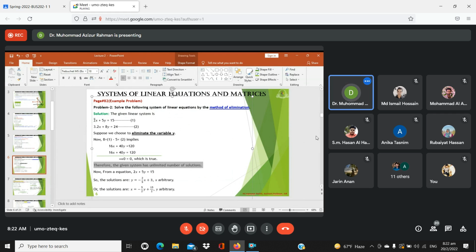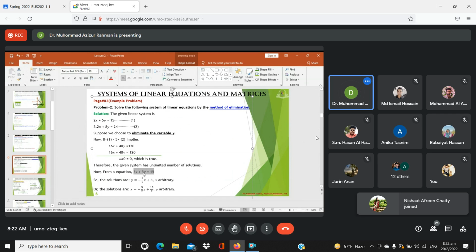Now from the first equation, 2x plus 5y equals 15, we can find the value of y.